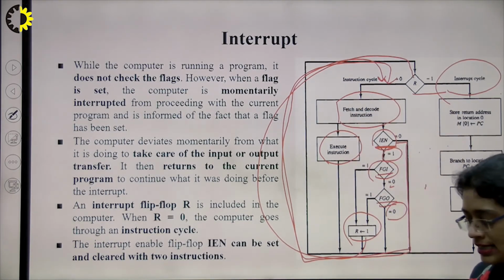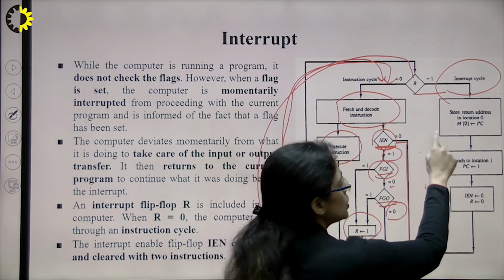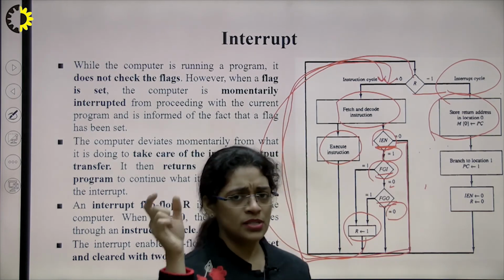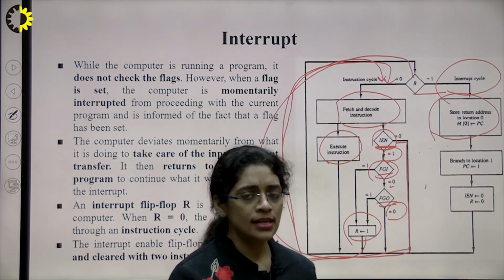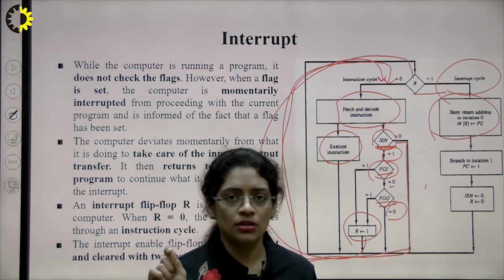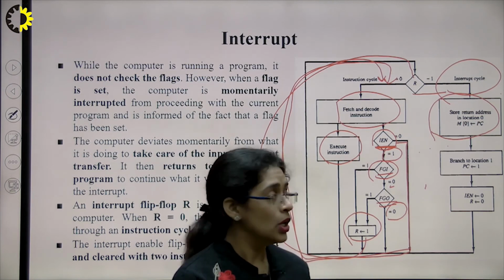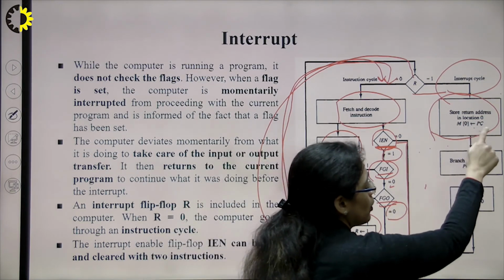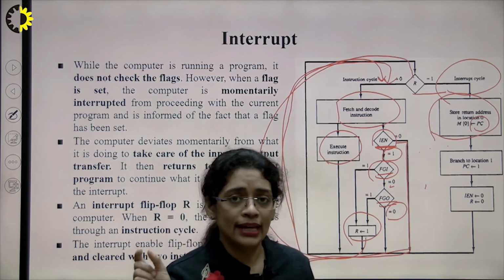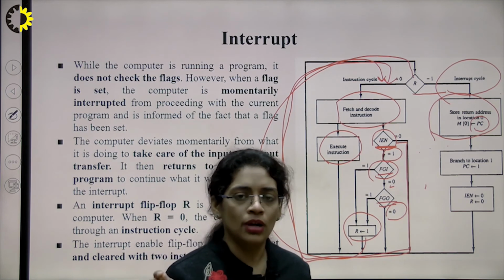And how are we going to handle that interrupt? The processor was executing some sequential task, and it does not need to execute the next instruction, because it needs to execute the input and output instruction. The program counter is carrying the next address, so the next instruction address is there in the program counter.